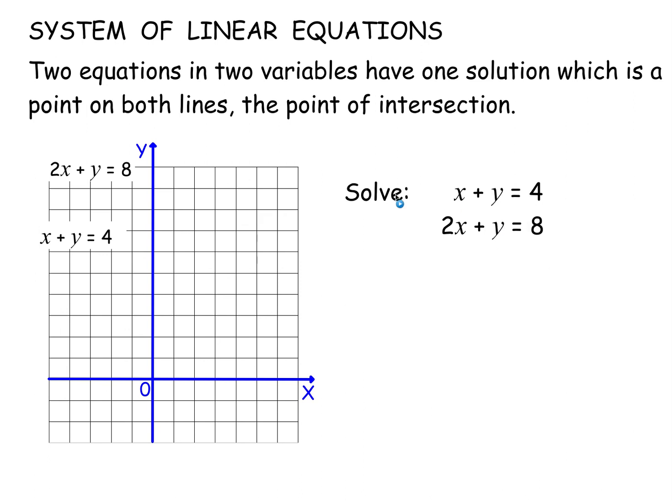If we were asked to solve this system of equations, so now there's two equations and two variables, x plus y equals 4 and 2x plus y equals 8, the solution is a pair of values, x and y, that fit both equations. So they fit the first equation, that is they add together to make 4, and they fit this second equation, that is double the x add the y makes 8. So it's to solve this pair of equations.